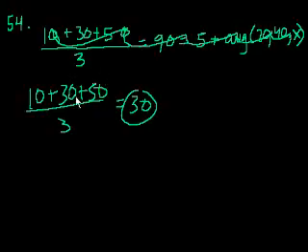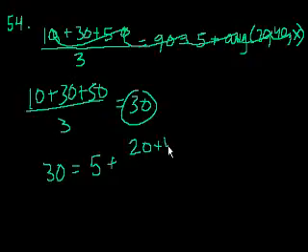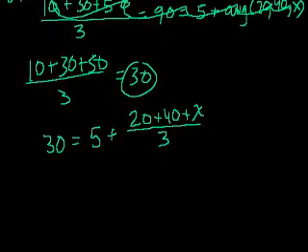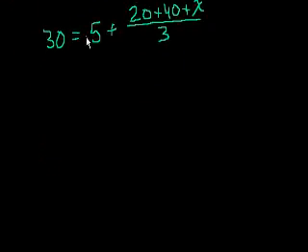And they say that that is 5 more than the average of 20, 40, and another number. So 30 is equal to 5 plus the average of those three numbers. So the average of those three numbers is 20 plus 40 plus x over 3. Right? So let's just simplify this. Let's subtract 5 from both sides.